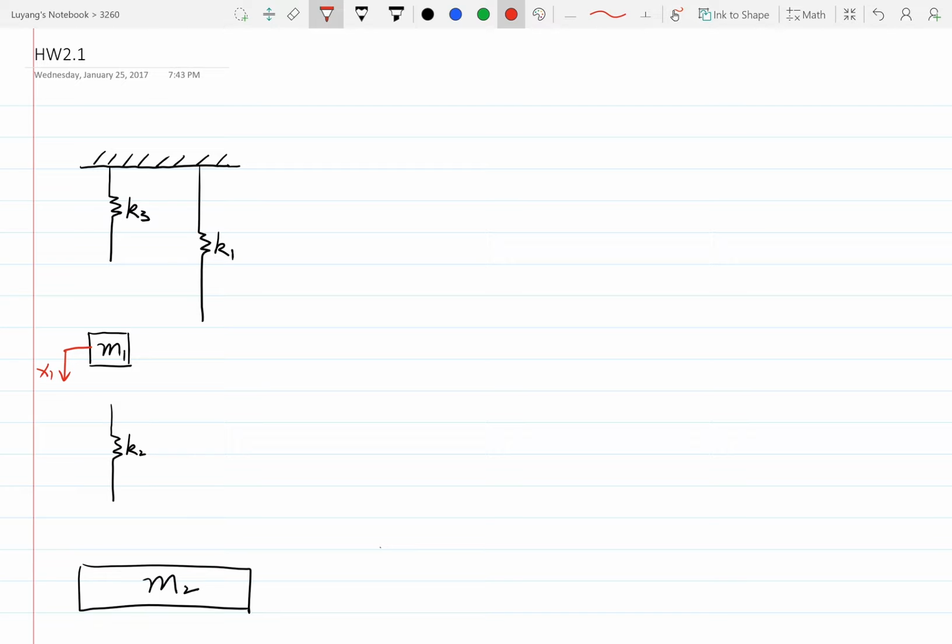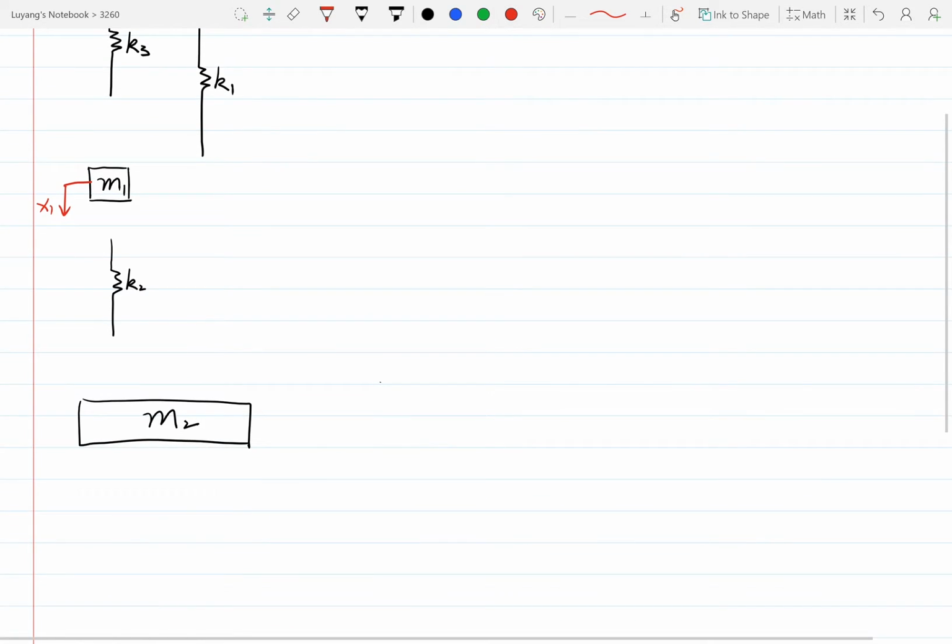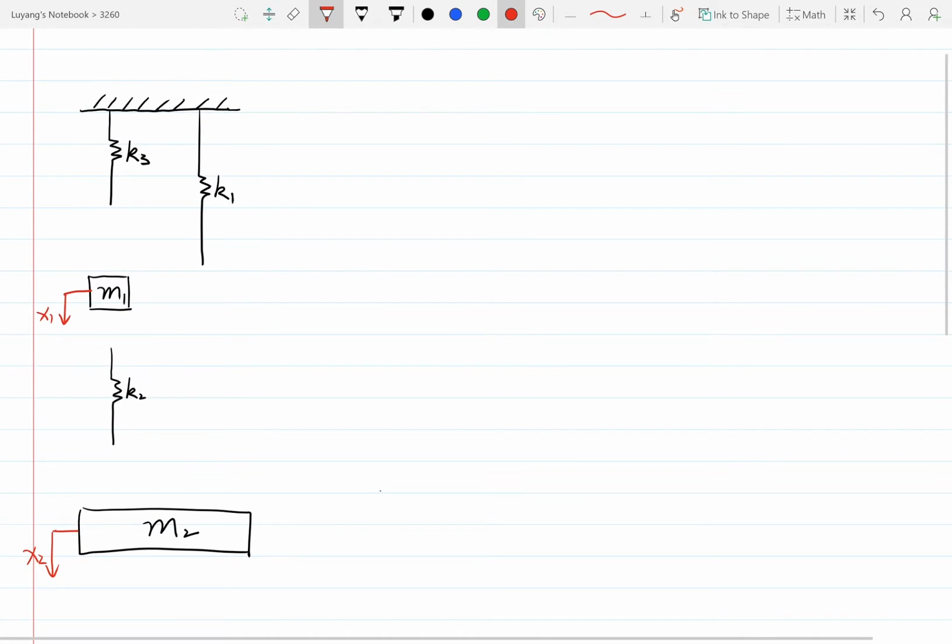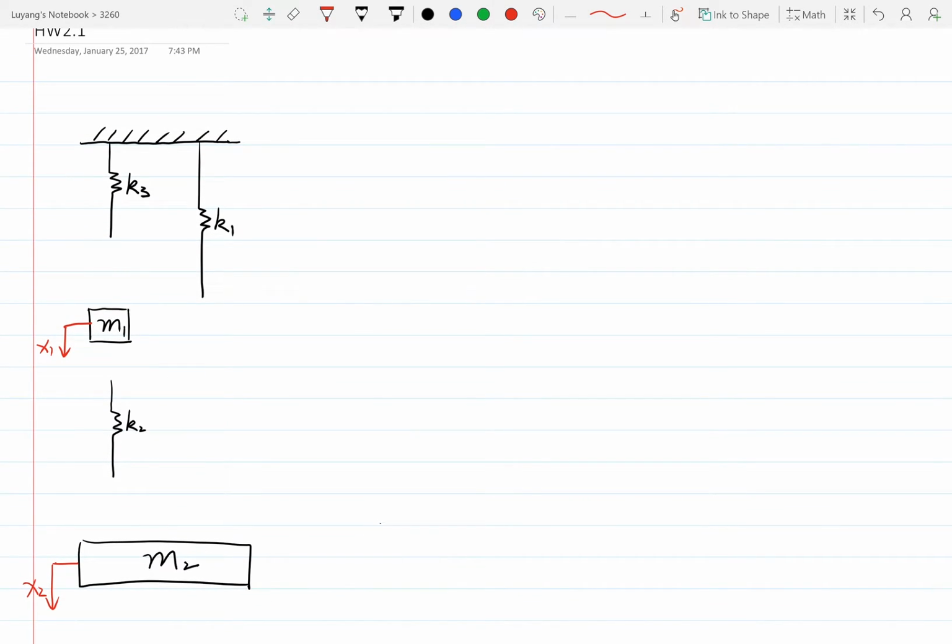The displacement of M2 is x2. So the displacement of this end of K3 is also x1 because it's connected to M1.